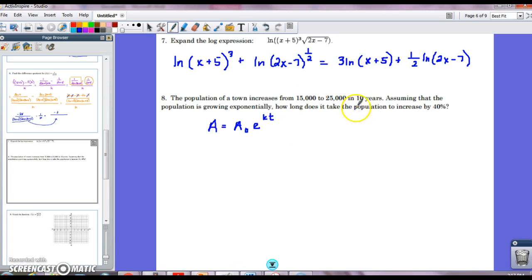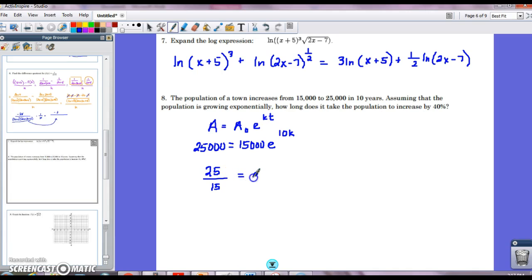We first need to find k before we can figure out the second part. So we end up with 25,000 is equal to 15,000 e to the 10k. Right? If you divide both sides by 15,000, you end up with 25 over 15 on the side.